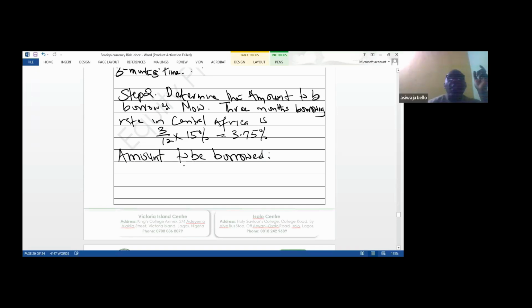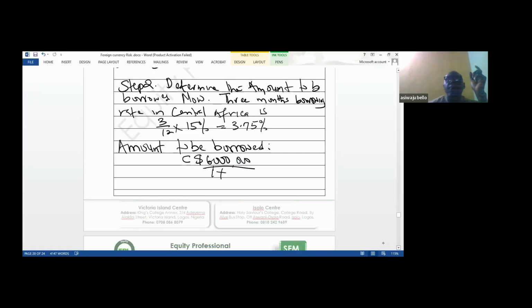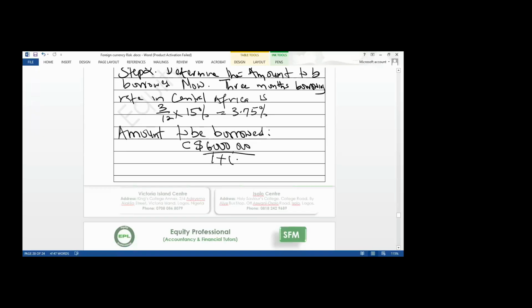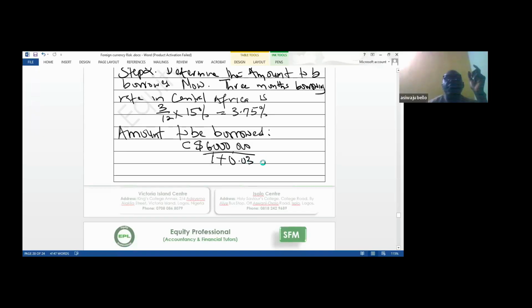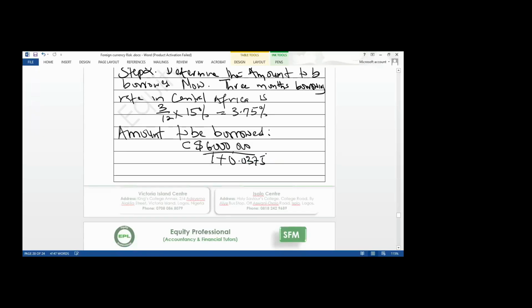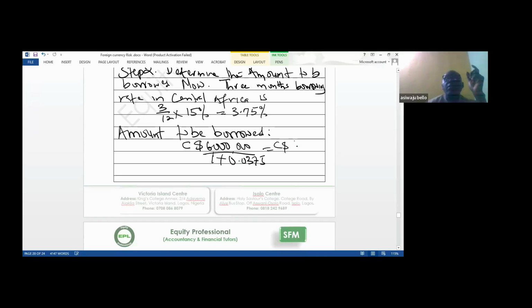The target amount, 6 million, divided by 1 plus the borrowing rate, 0.0375. That is 6 million divided by 1.0375.